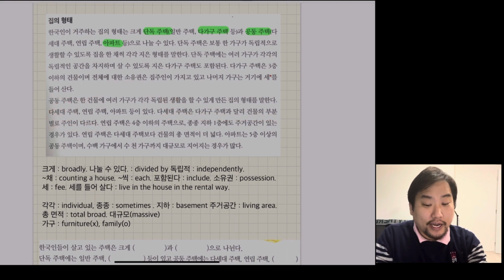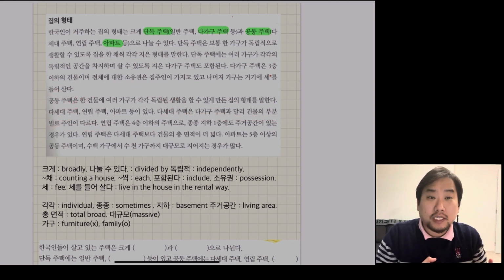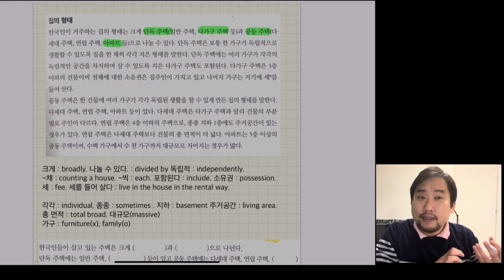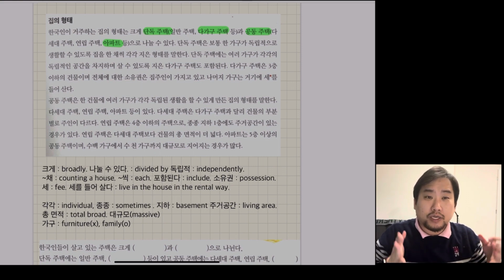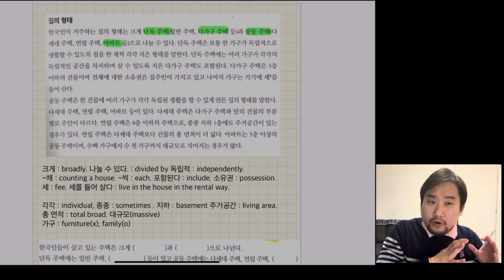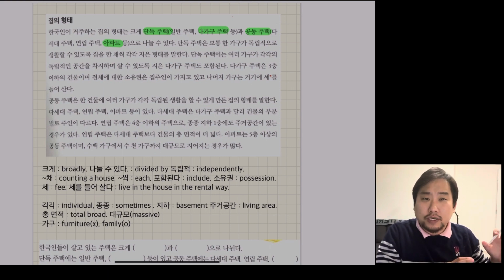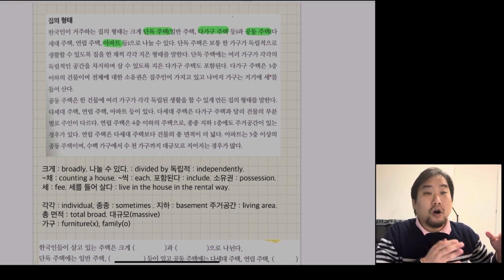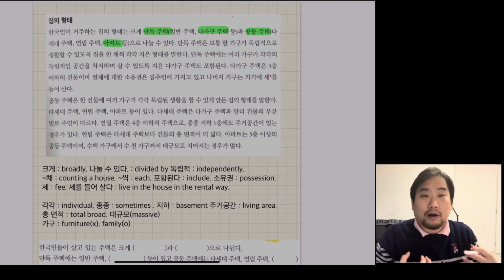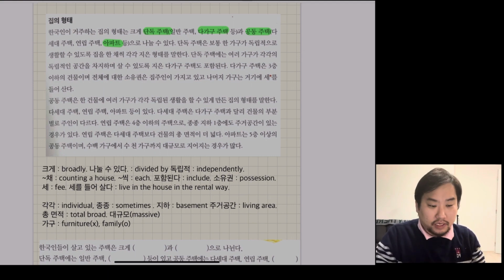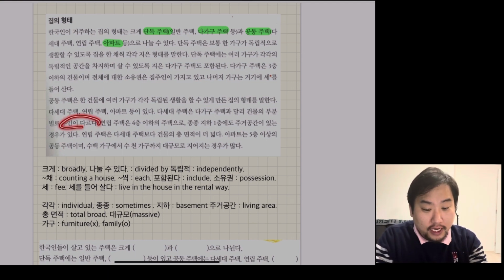So here again, 공동주택 means there is more than one owner of the certain building. So like just usual apartment in Korea, every slot in the apartment has their own ownership, rather than the whole apartment being owned by one single person. So 주인이 다르다. There are several different owners.